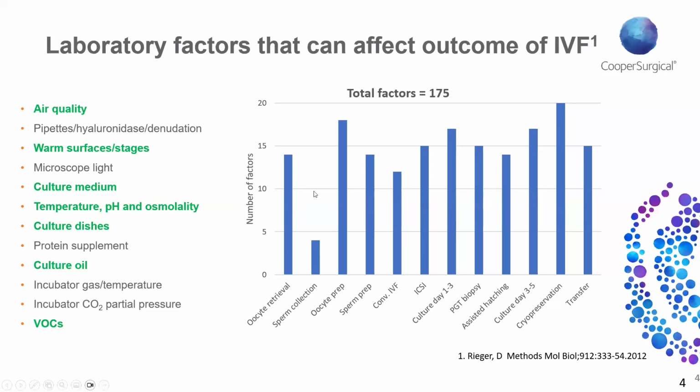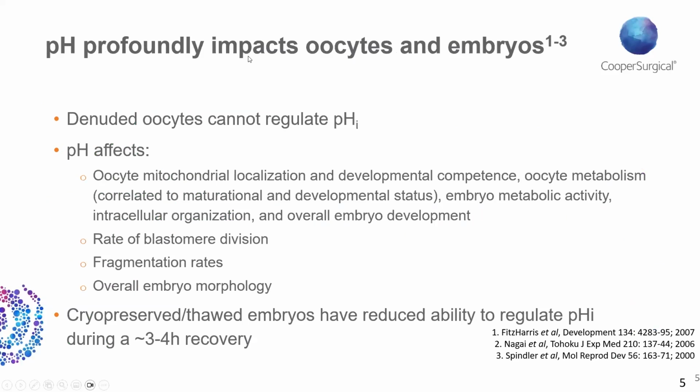So on the next slide, we're going to look at pH in particular. And I want to draw your attention to the two areas where pH stability is most profoundly felt within our culture system. pH is important throughout the embryo lifespan in the lab, but there are two particular areas where we need to take account of the role of the pH in the external environment.